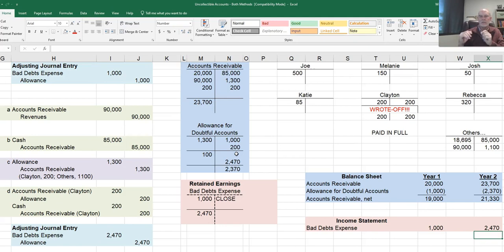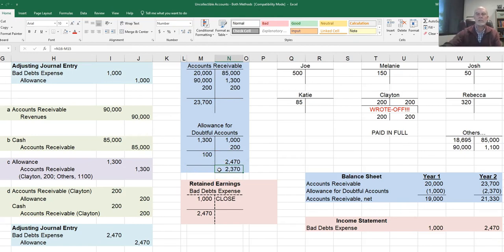Under the allowance method, we analyze at the end of the year. We look at the accounts receivable, we estimate how much is uncollectible, and we set up an allowance account for that amount. And if something is already in the allowance account, then we would have to take that into consideration as we're calculating the adjusting entry, because we want to hit that target, that estimate that we had developed.